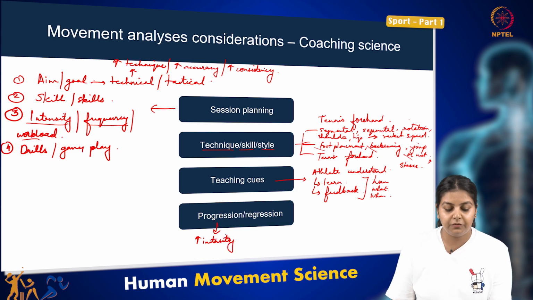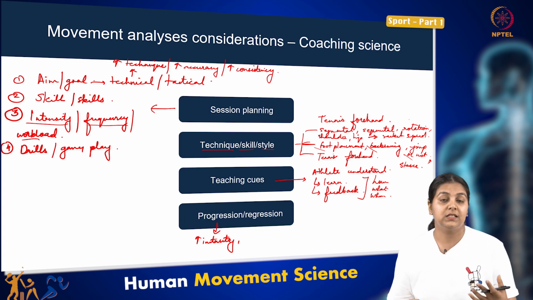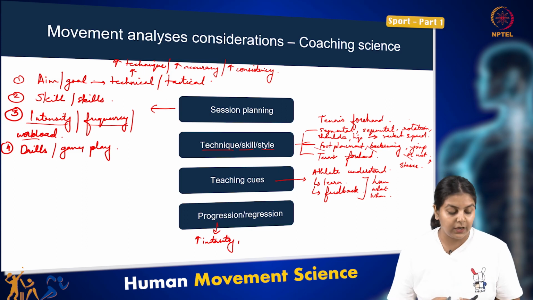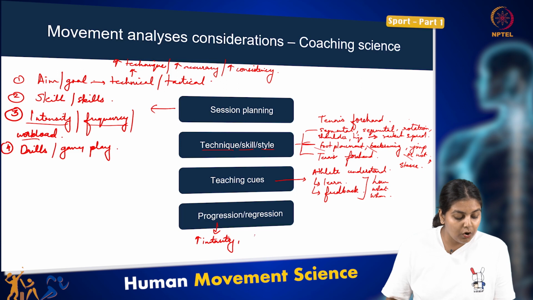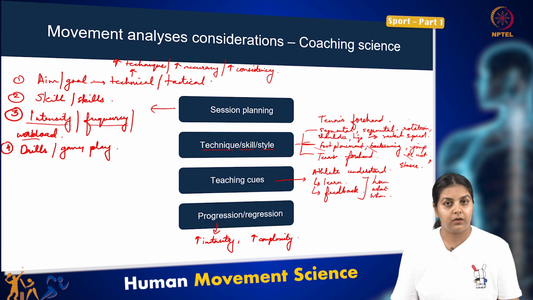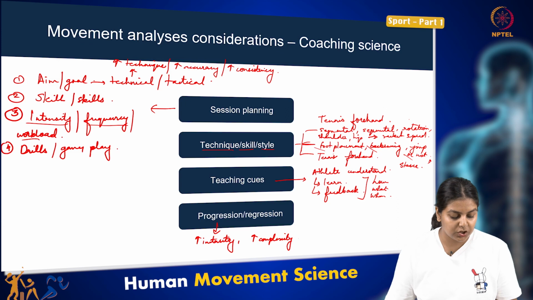If you're working on technique of the tennis forehand and your athlete is performing well, there's good technique, you would then increase the intensity, maybe get them to have more drills or have them in rallies, or have them in gameplay. That's where you're increasing the intensity. Or it could be to increase complexity, so maybe have a running forehand, or have them play it in a match, or in a practice match.